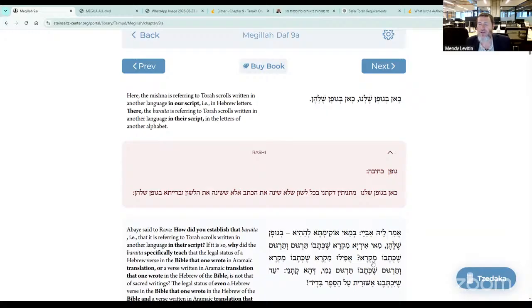if you're talking about that you wrote it in their alphabet, then why does it say in the Brisa that you wrote in Targum, you wrote Lashon HaKodesh, and Targum you wrote in Lashon HaKodesh? Mikra shekasav mikra, Targum shekasav Targum nami.